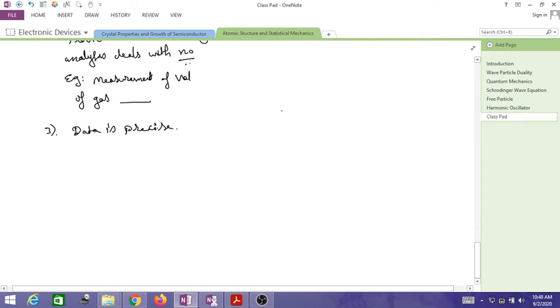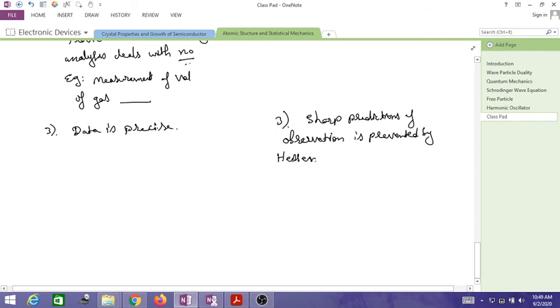But in quantum mechanics, sharp predictions of observations are not followed, because they are prevented by the Heisenberg uncertainty principle.